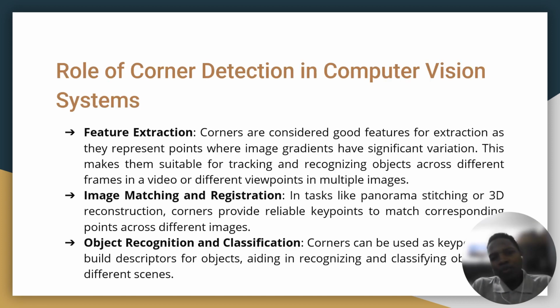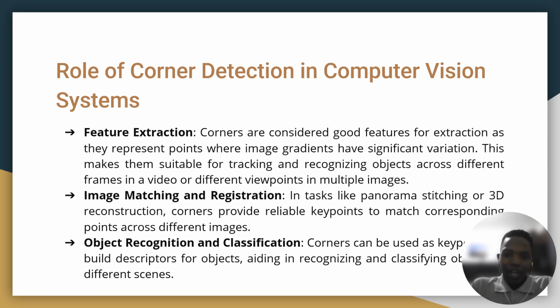And what is the role of corner detection in computer vision systems? Let's expand on this a bit. It's important for feature extraction, right? Where corners are considered good features for extraction as they represent points where image gradients have significant variation. This makes them suitable for tracking and recognizing objects across different frames in a video or different viewpoints in multiple images. Then the second one is image matching and registration.